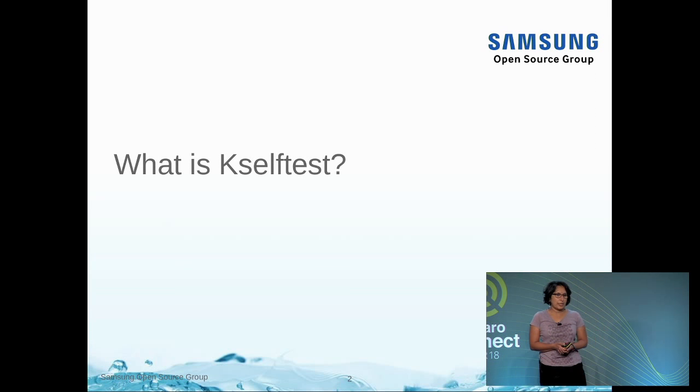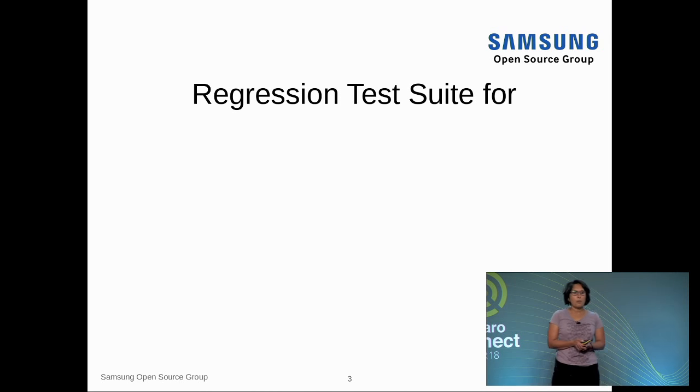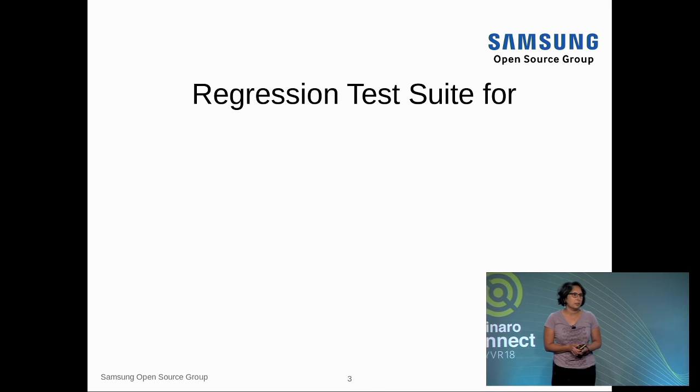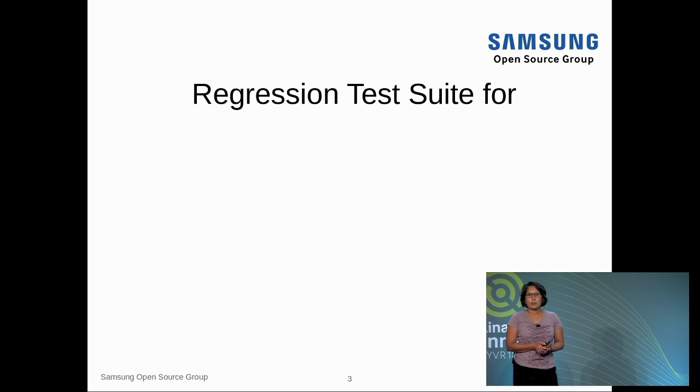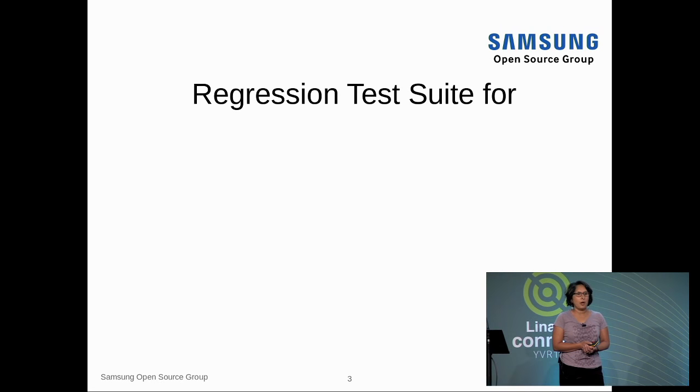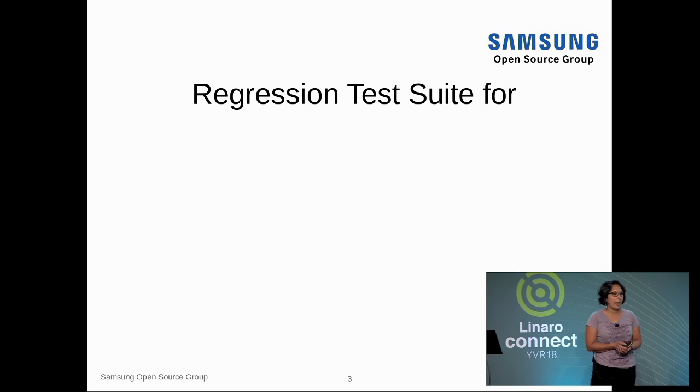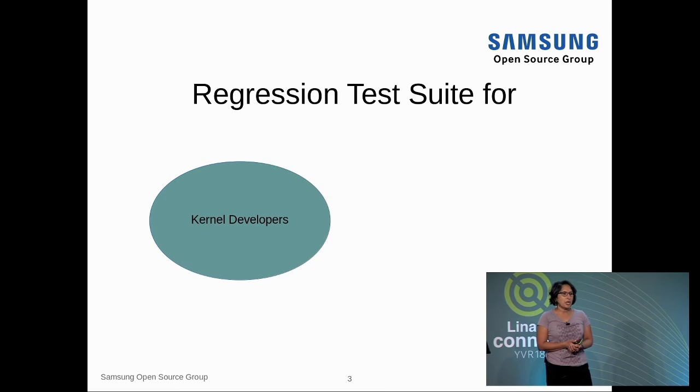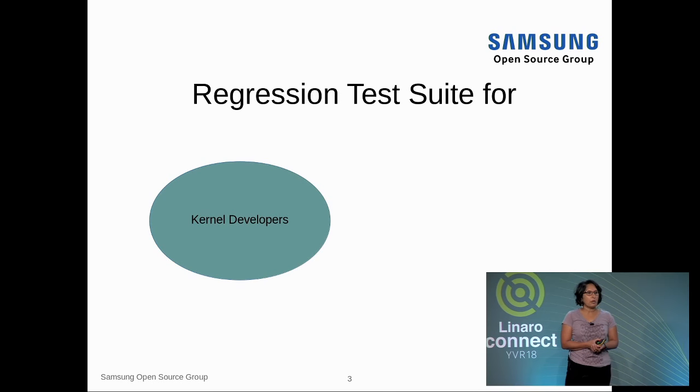So first of all, what is Kselftest? It is a kernel regression testing tool. If you look at the Git logs, you'll see that the very first tests were probably added back in 2005. It mainly started as a kernel developer regression test.